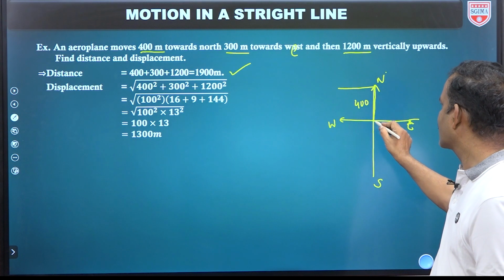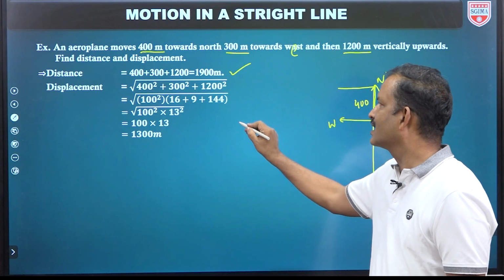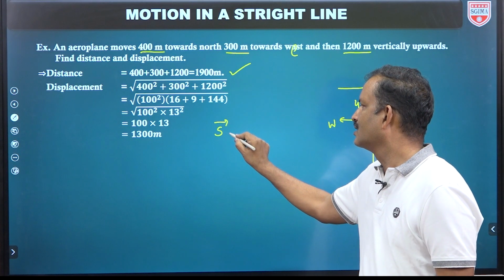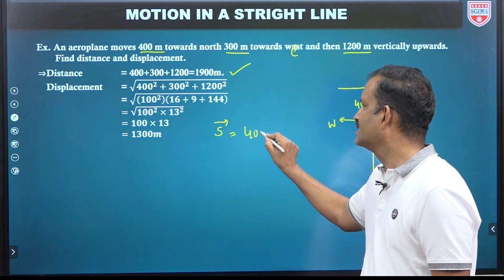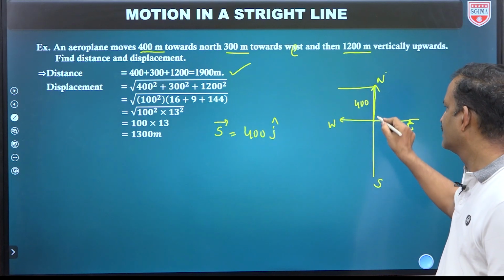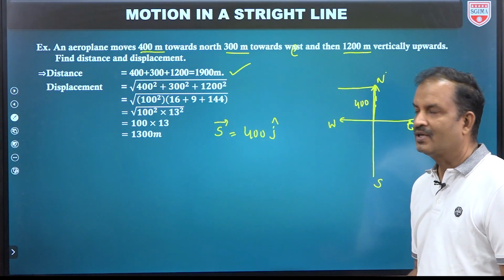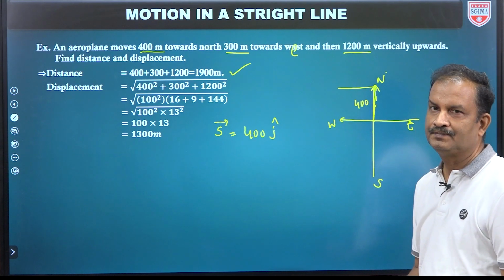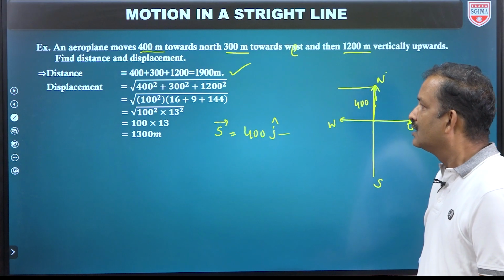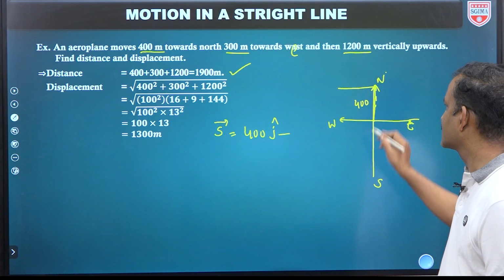You have to take first 400 meters; in vector form, S bar is 400 j cap. I am taking this direction, and the unit vector is j cap. Next, 300 meters west.